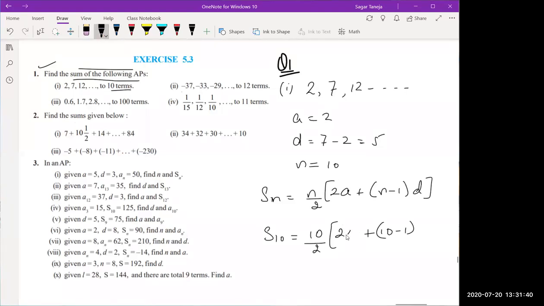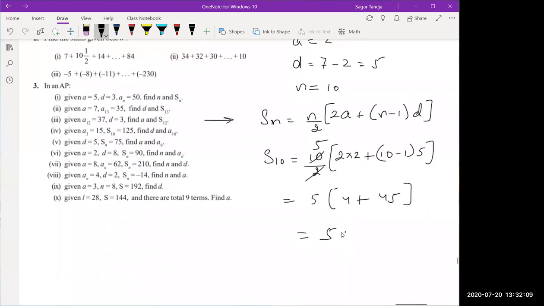The value of a is 2 and the value of d is 5. This we can cancel. Just go with the formula. Simple. Yeah, the answer they have written is 245. So just go with the formula. Simple. It is very simple. You just have to learn the formula and put all the values. Simple. 4 plus 10 minus 1, 9, 9 5s are 45. So this is 5 into 50. And this is 5 into 49, it will be.